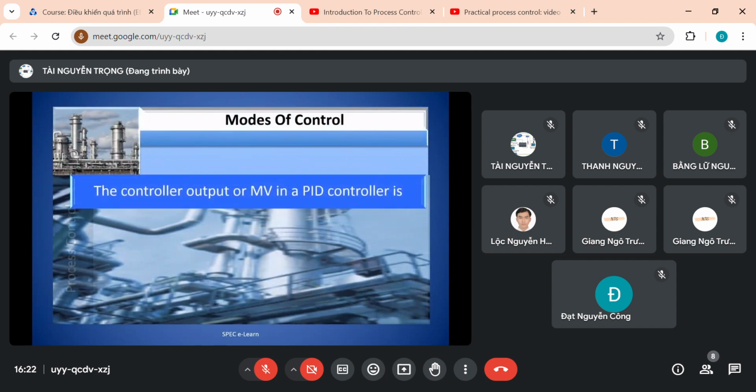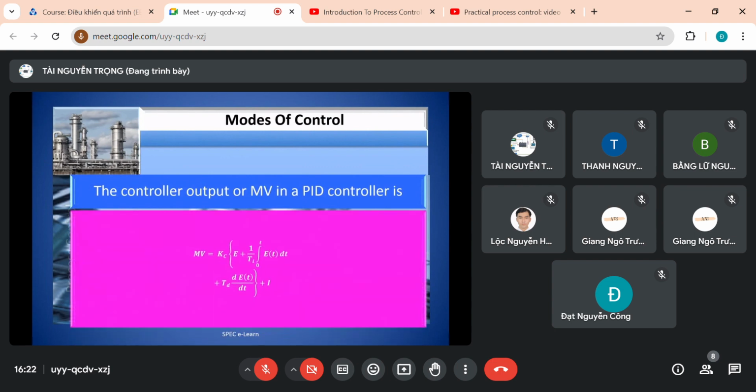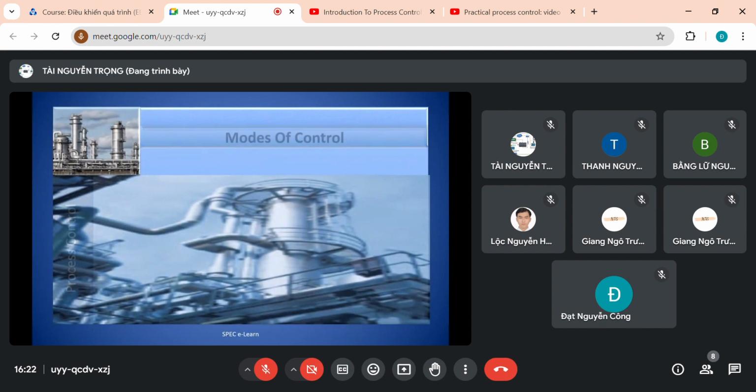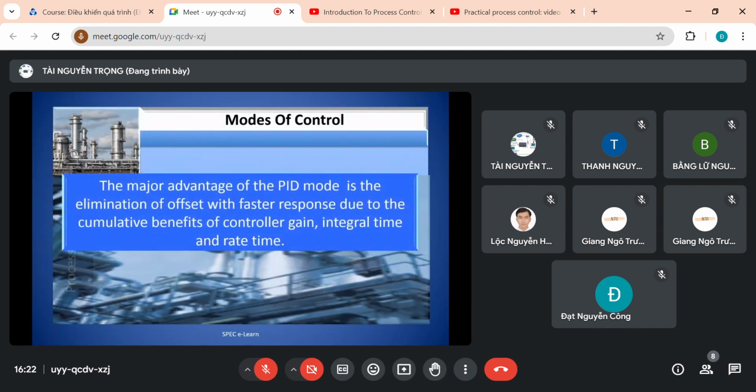The controller output or MV in a PID controller is expressed as MV equal to Kc times E plus 1 by Ti integral of 0 to T of E dt plus Td into dE by dt plus I. The major advantage of the PID mode is the elimination of the offset with the faster response due to the cumulative benefits of controller gain, integral time, and rate time.